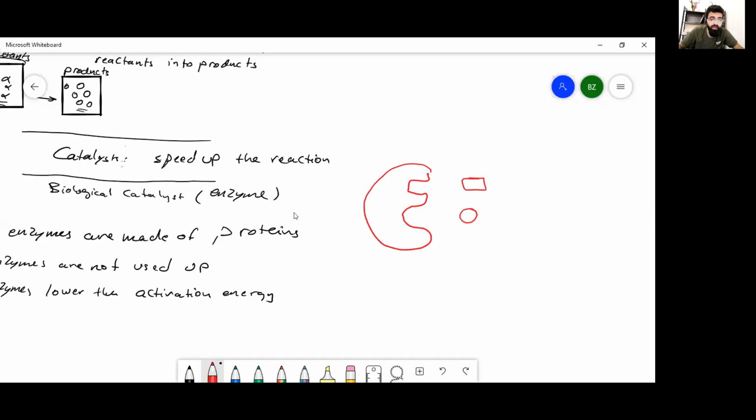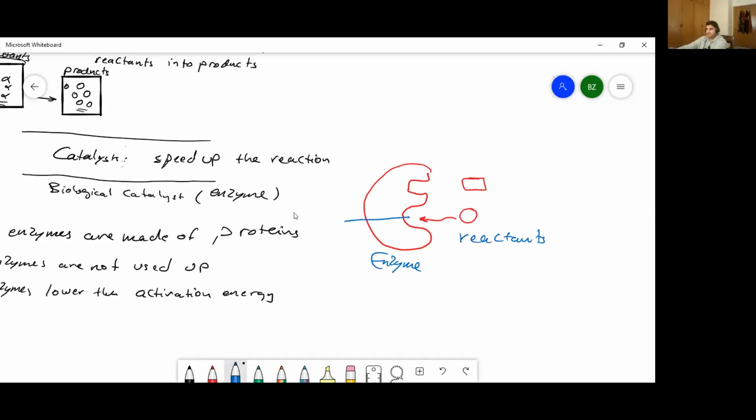The reactants bind on a binding site on the enzyme, which we call what? The binding site, or sometimes they call it the active site. Here, it binds on the binding site. That provides a suitable place so the reactants come closer to each other and are easily activated and react together.